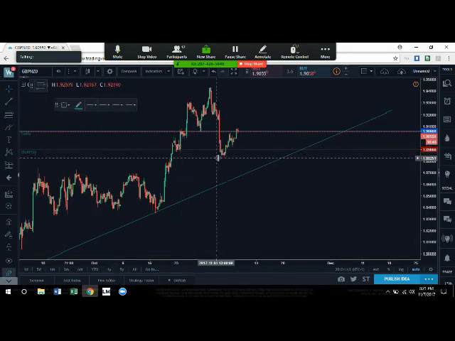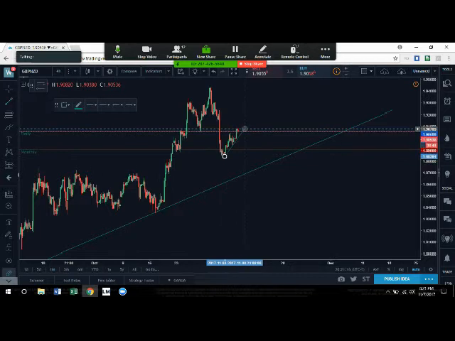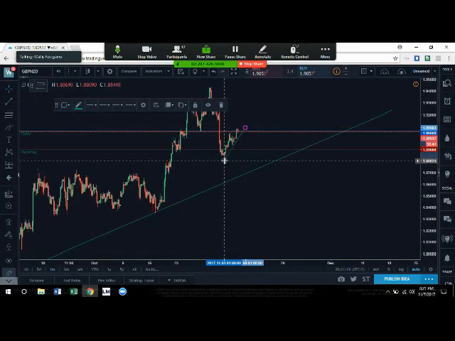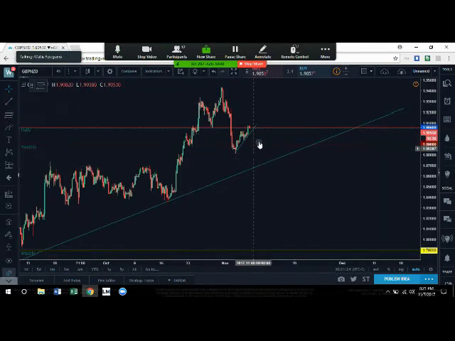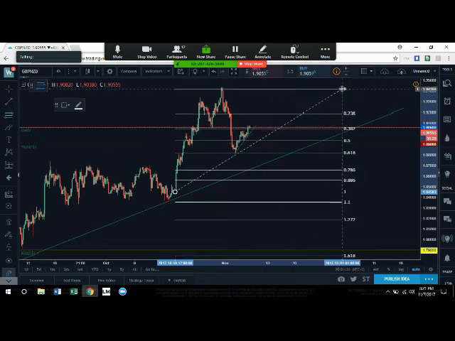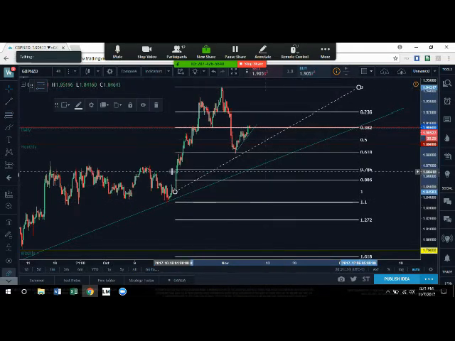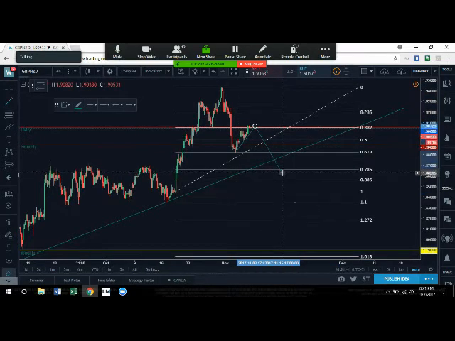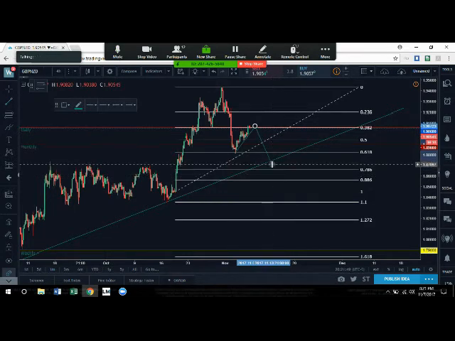Now what I'm marking up right here on the 4 hour is a counter trend line. So I'm looking for a counter trend line break. Okay? And when it breaks, what I'm actually looking for is for it to come back down into this zone right here, which would be in line with your daily trend line.